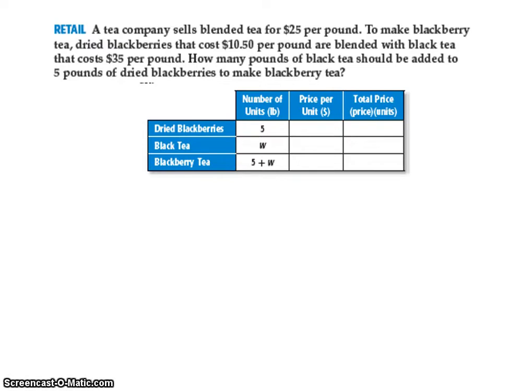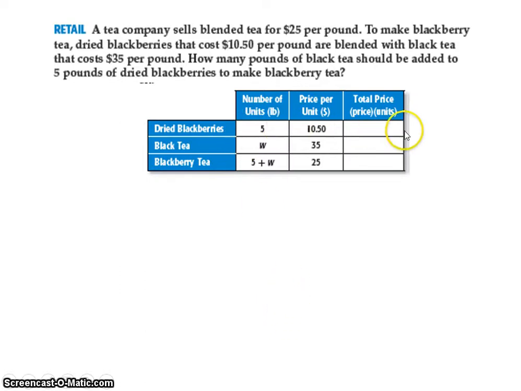Now, the dried blackberries are $10.50, and the black tea is $35 a pound. We also know that our final cost for our tea, we want it to be $25. Where did we get that? At the beginning of our statement.